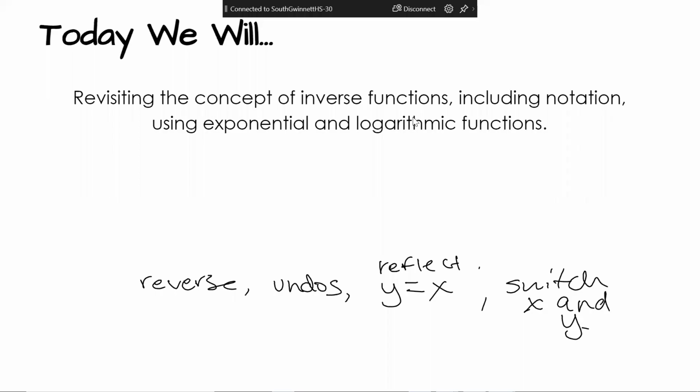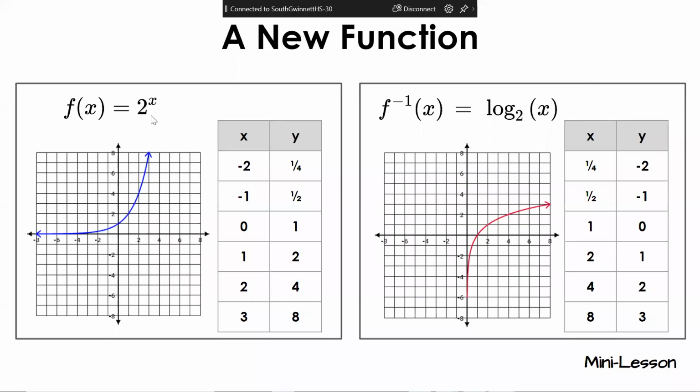The concept of inverse functions with exponentials and logs. So on your paper, I would title this inverse function, and then I would say exponential and logs. So on the left-hand side, we have this equation right here. Okay. So if we wanted to switch this to the inverse function, which we have over here, what we would do is switch our x and y.